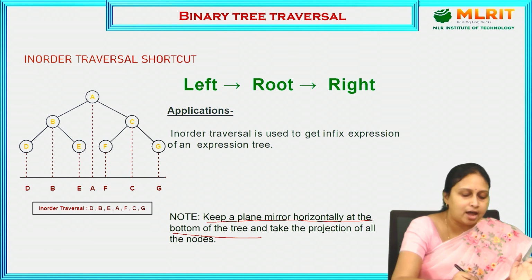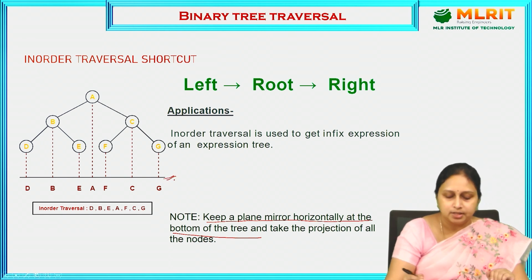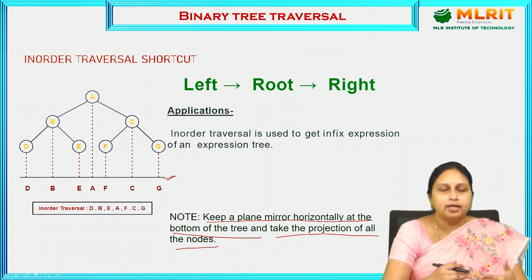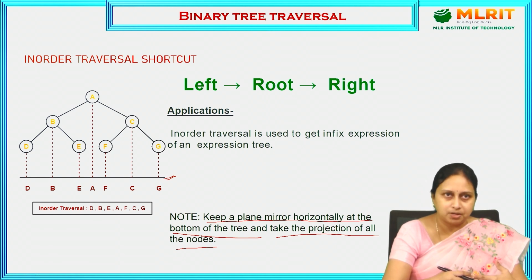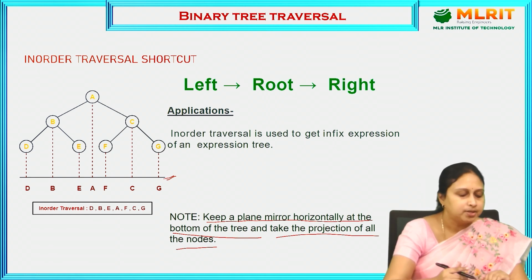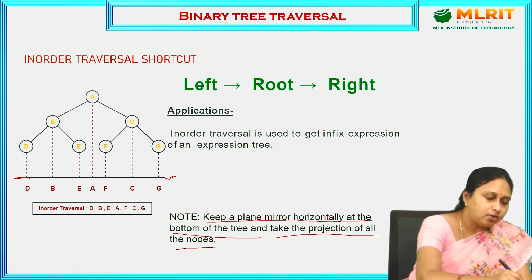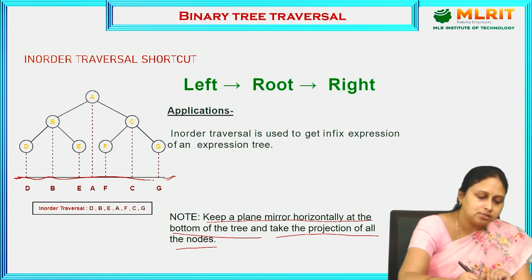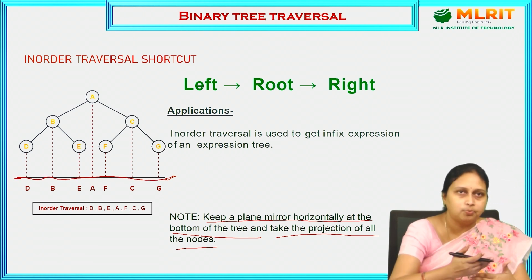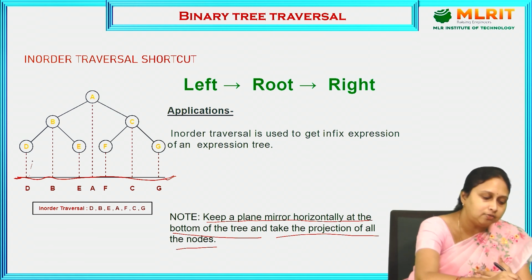Suppose I have placed a mirror over here and I take the projection of all the nodes by representing them with dotted lines, right? This is the mirror, and on that, the projection is represented with these dotted lines.